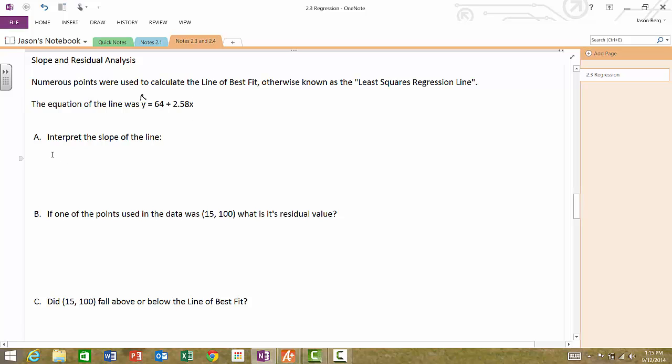But when we're interpreting the slope of the line, we're explaining how y is going to change as x changes.